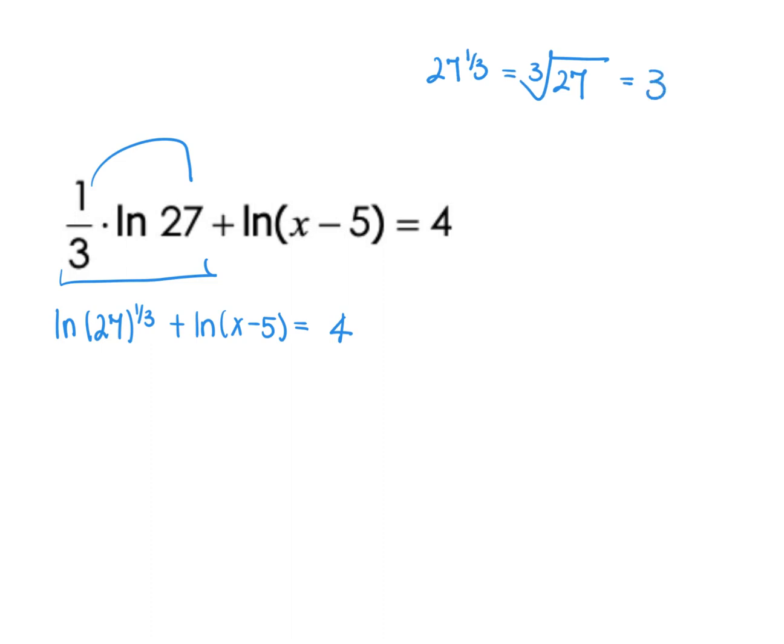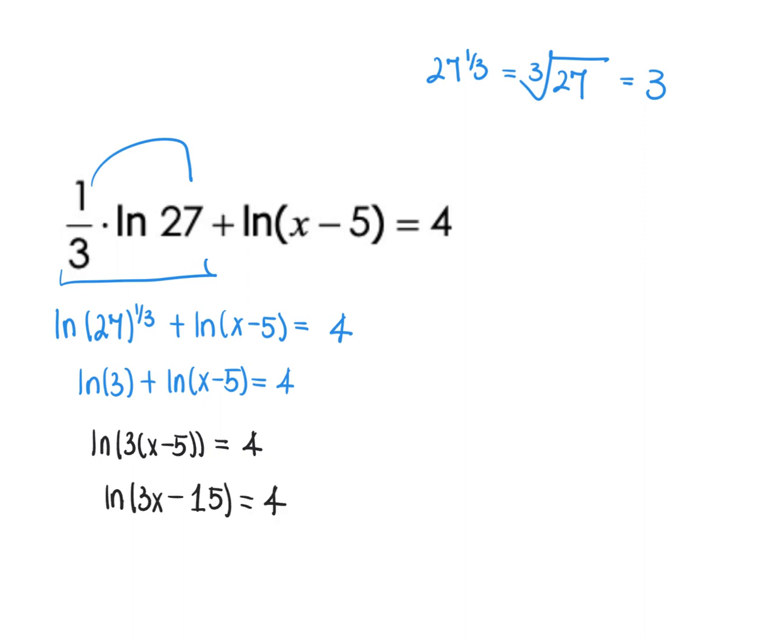So we can rewrite this equation as ln of 3 plus ln of x minus 5 equals 4. So we can combine these to have ln of 3 times (x minus 5) equals 4. So we can combine inside the parentheses. We'll have ln of 3x minus 15 equals 4.